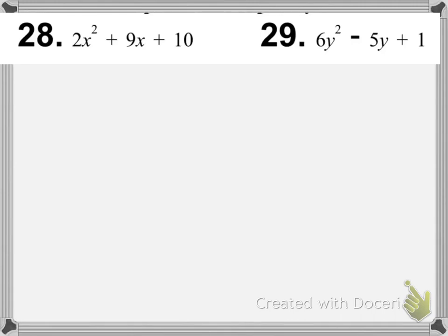So remember, we're trying to stay as consistent as possible: our magic numbers multiplied is whatever 2 times 10 is, which equals 20, and our magic numbers added equals whatever our B value is, which is 9.